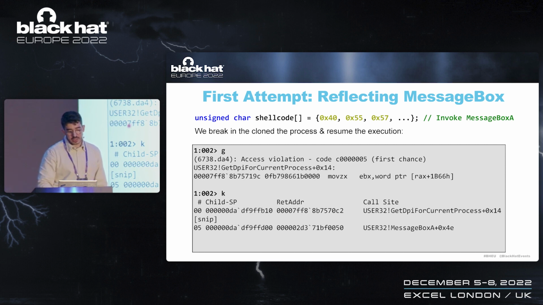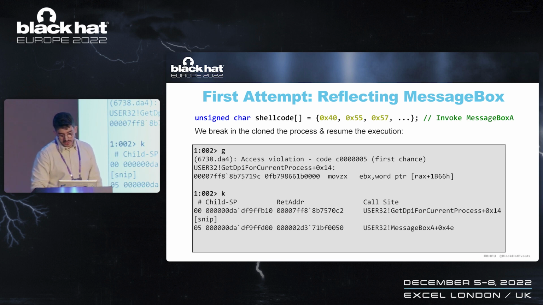I get the access violation from this address, user32 GetDpiForCurrentProcess. And when messing around with the contents of the RAX register, I am getting some invalid address. So I'm checking the call stack here, and I'm seeing I'm still originating from the MessageBox that the fork child actually invoked, but something goes wrong here, so I need to check out why.